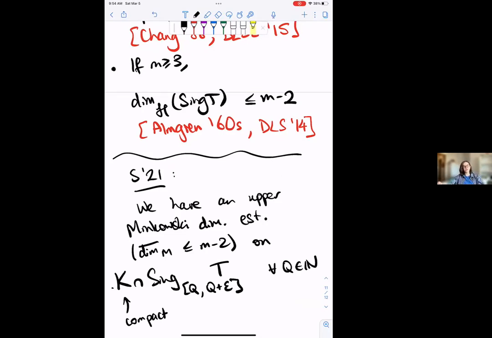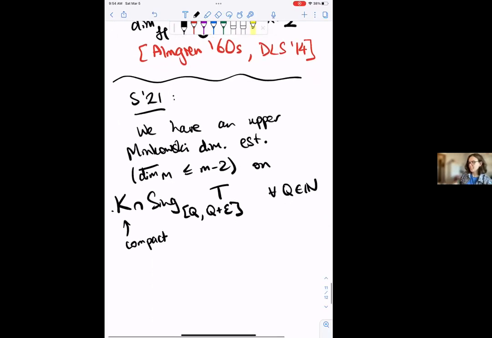But this doesn't tell you anything quantitative about the m-2 dimensional Hausdorff measure or Minkowski content. Unfortunately, it just gives you this improved bound. It's not yet known how to pack these singularities well at the m-2 dimensional level.